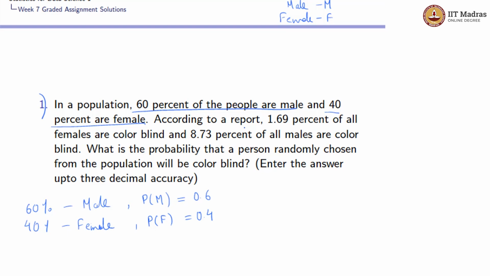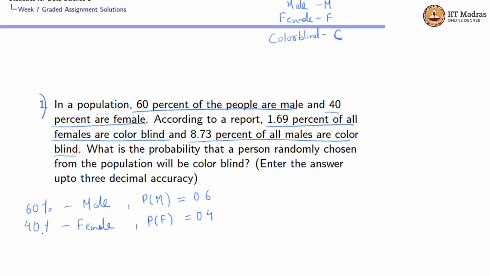Now we have some additional information given to us, that is 1.69% of all females are colorblind and 8.73% of all males are colorblind. Let's say C denotes the person is colorblind.